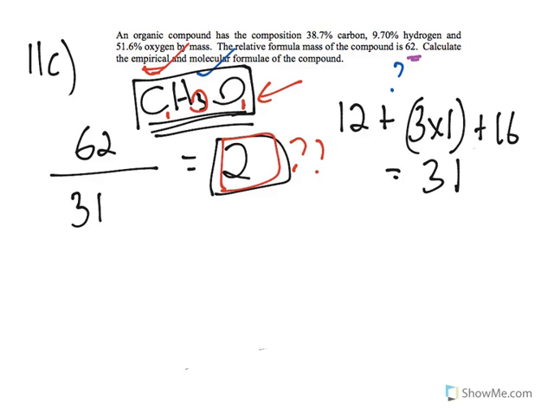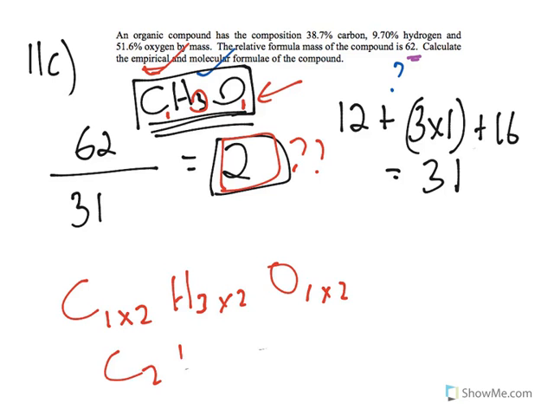So instead of C1 H3 O1, it should be C1 times 2, H3 times 2, O1 times 2. And what you'll get is C2H6O2. And this is basically the molecular formula of the compound.